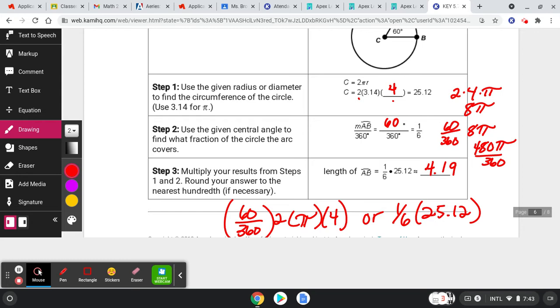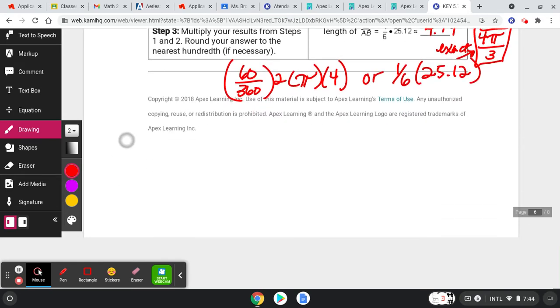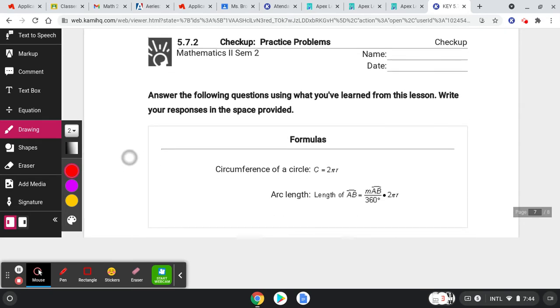Then we can reduce this down. The zeros cross out, and 12 goes into 48 4 times, and 12 goes into 36 3 times. So 4 pi over 3 would be the length of minor arc AB. That's your exact answer, or 4.19 is the approximate answer. So we're going to give these answers in terms of pi and as the approximate answer.